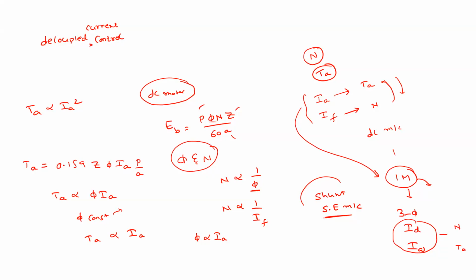Once this was invented, induction machines became popular. That is the main reason why induction machines are popular. Early days, we had no separate control of torque and speed. But by using the three-phase to two-phase transformation with the DQ reference frame, we have separate control, ID responsible for torque and IQ responsible for speed.